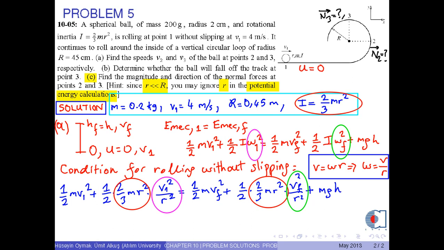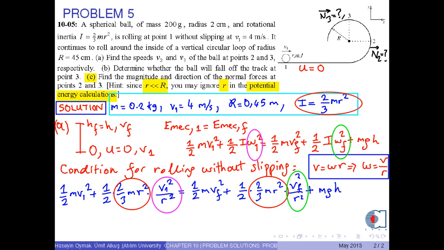Then we obtain 1 over 2 m times v1 squared plus 1 over 2 times 2 over 3 m times r squared times v1 squared over r squared equals 1 over 2 m times v final squared plus 1 over 2 times 2 over 3 times m times r squared times v final squared over r squared plus m times g times h.